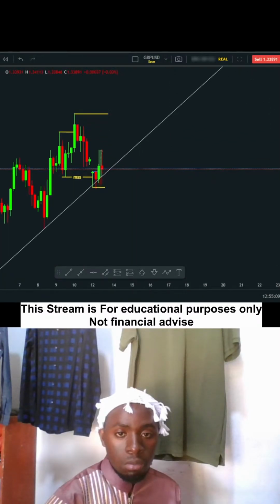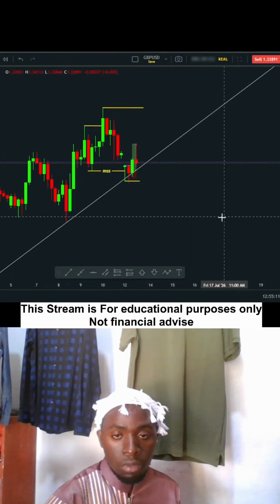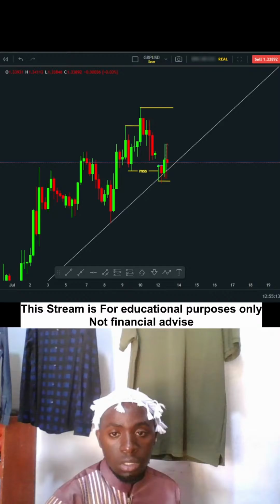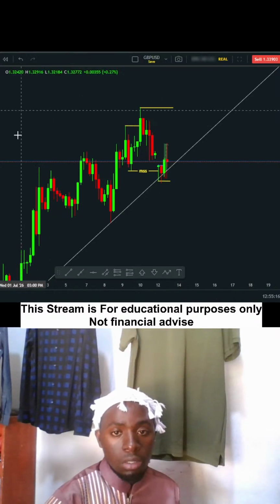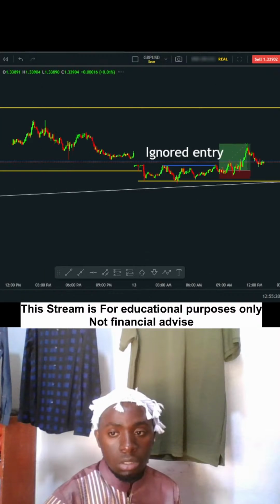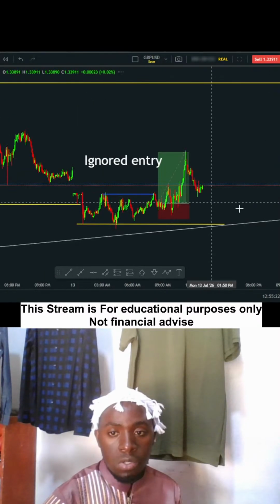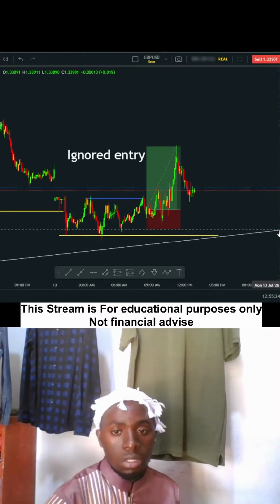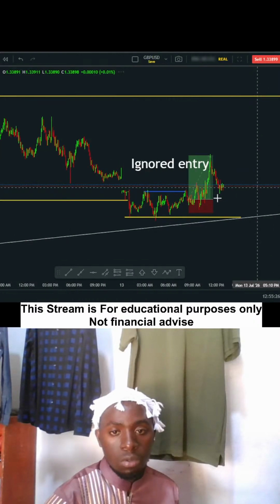This market is going to buy. There's a high chance this is going to turn green because of that trend line, but I'm trying to get those A plus setups. I don't want to get any entries. This is not it.